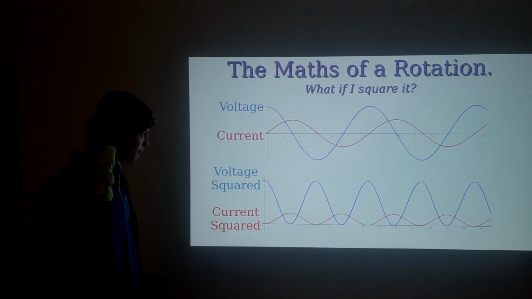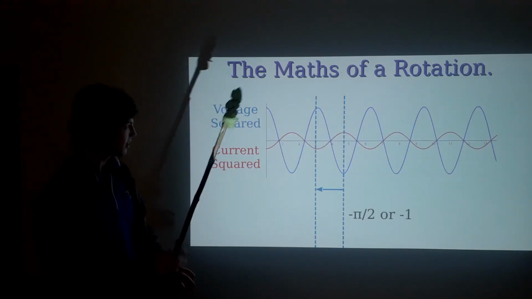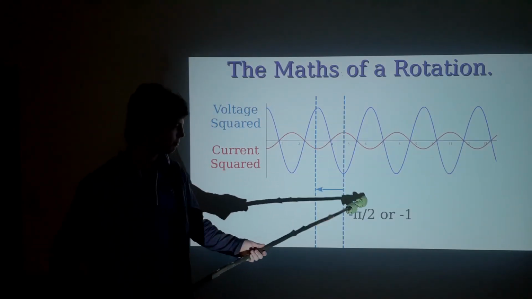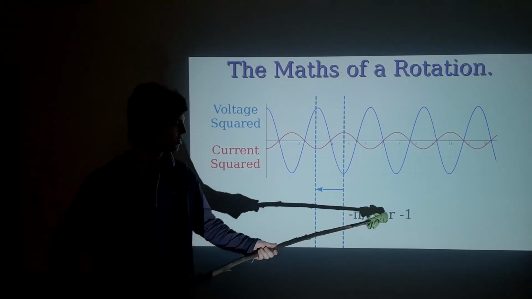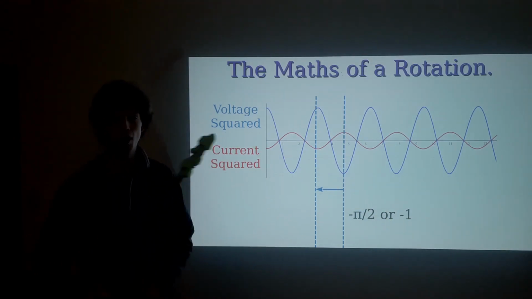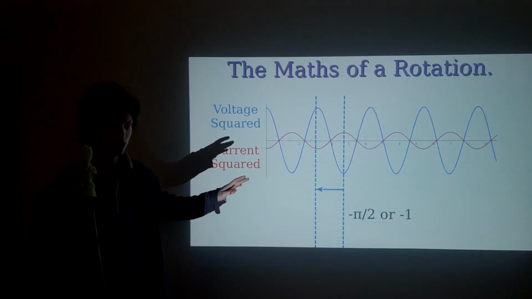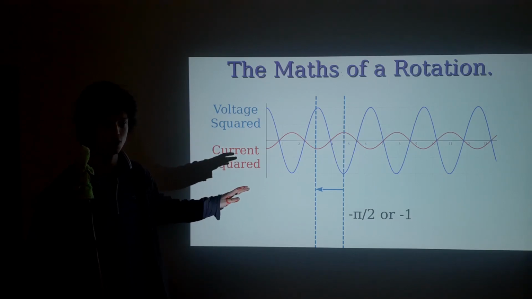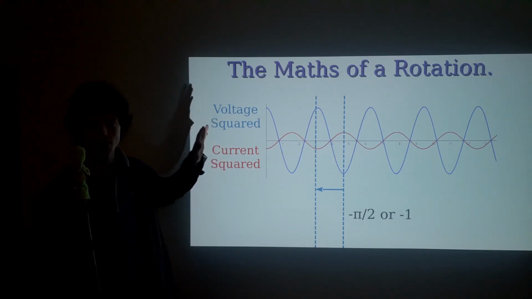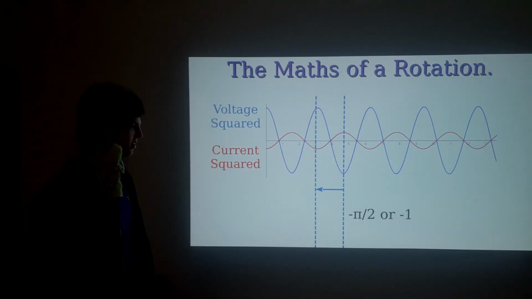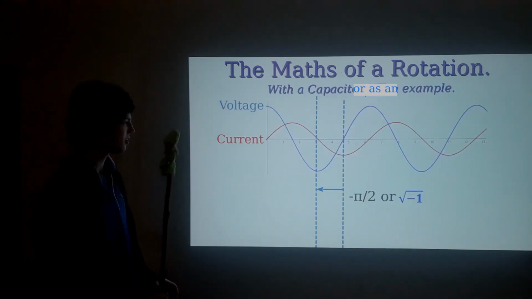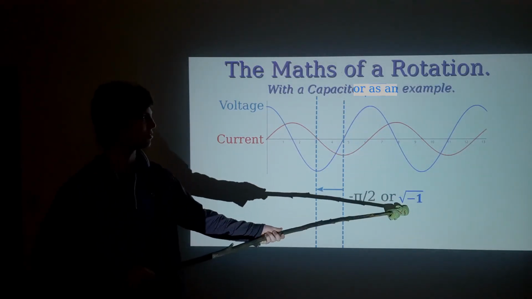So now here's where we're going to do a very clever thing. If in the squared signal a pi on 2 rotation corresponds to a flip of -1, what is a pi on 2 rotation going to correspond to in the signal that's the square root of this? It's going to correspond to the square root of -1.